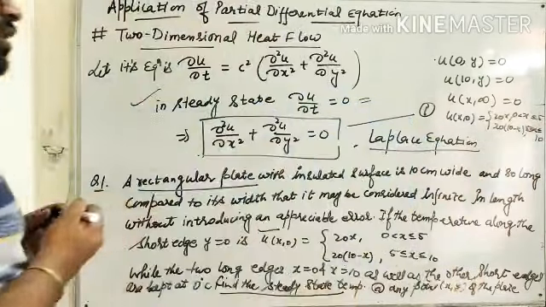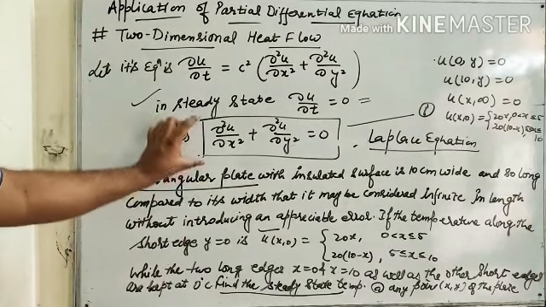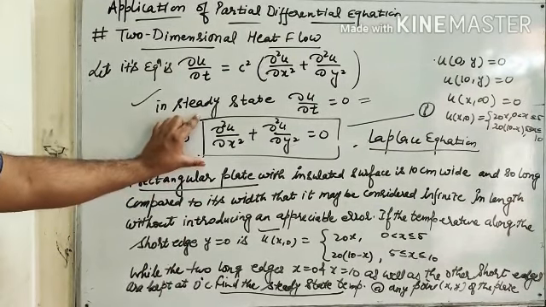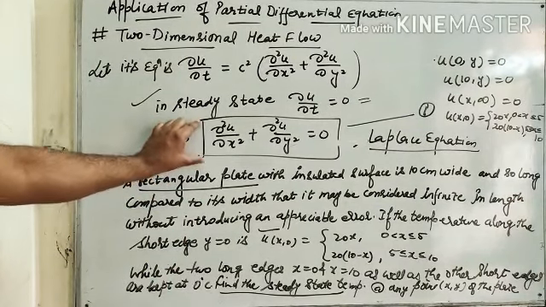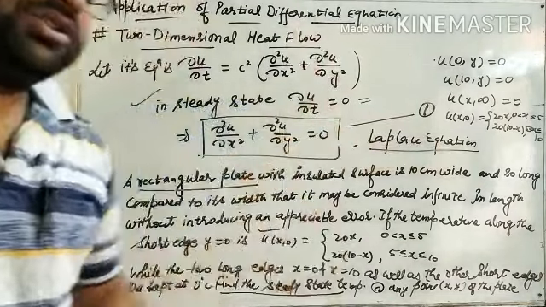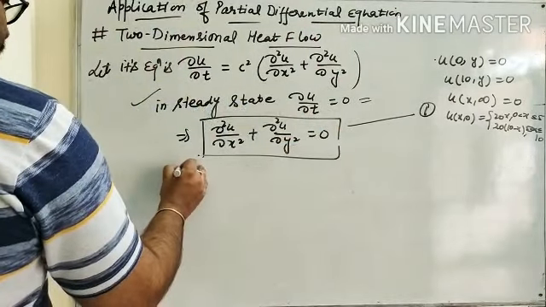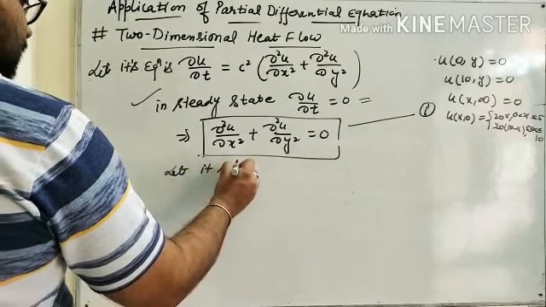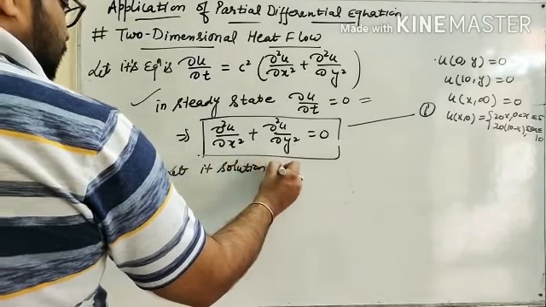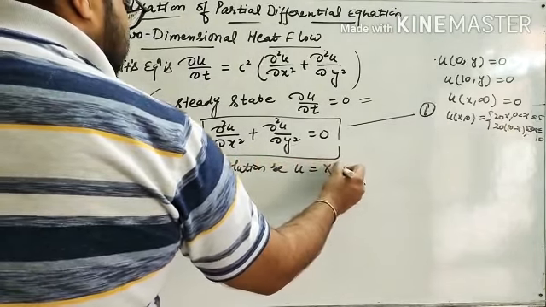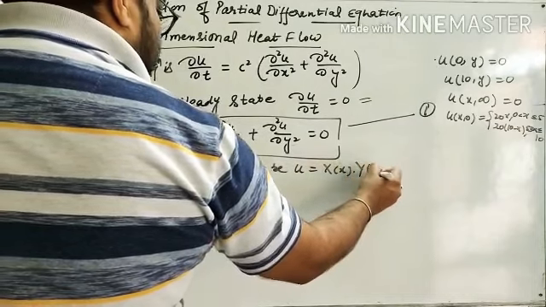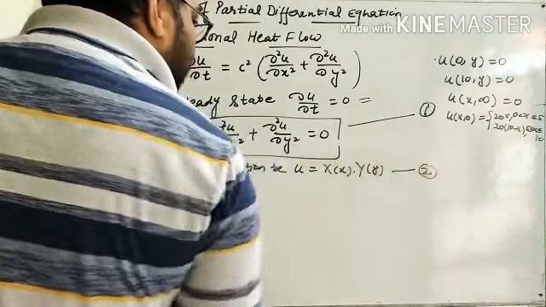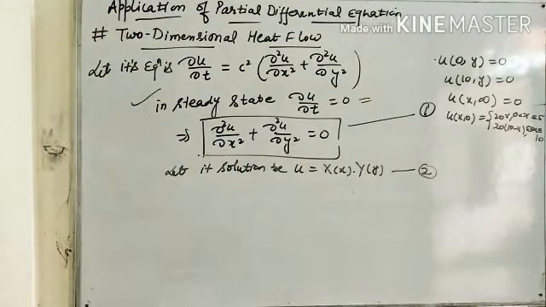So this is the complete problem, that is, we have to solve this particular partial differential equation for these boundary conditions. So let its solution be u = X·Y, that is, capital X is the function of small x only and capital Y is the function of small y.